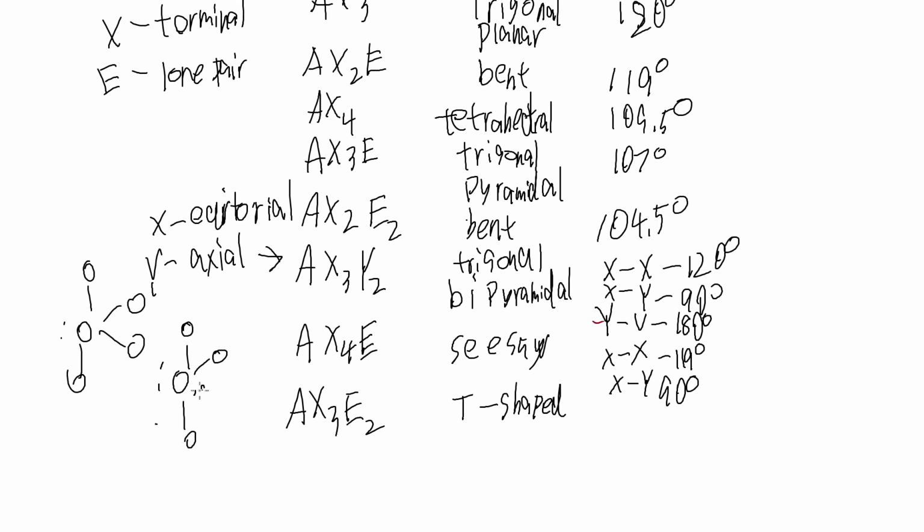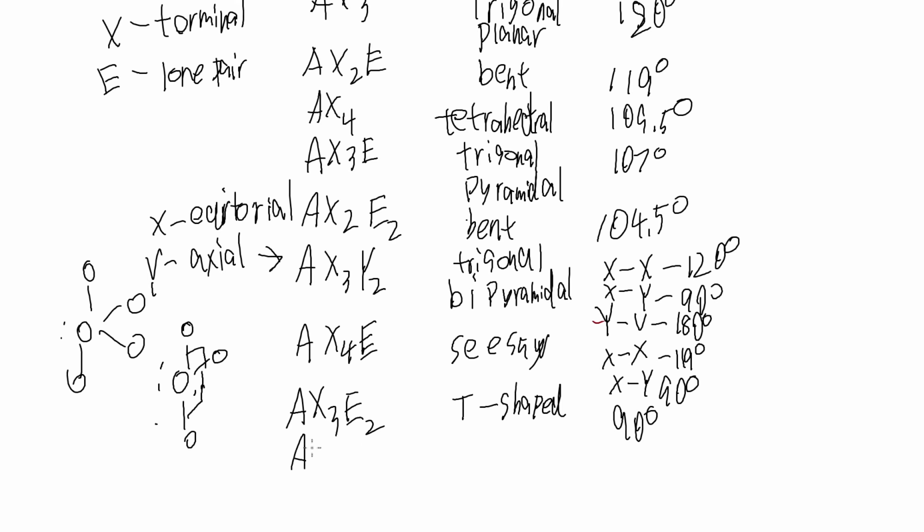And so this is a 90-degree angle, and this is a 90-degree angle. And so if you look at it from the plane that the 4 atoms are in, it kind of looks like a T, which is why it's called T-shaped. And so the angle here is 90 degrees all around.